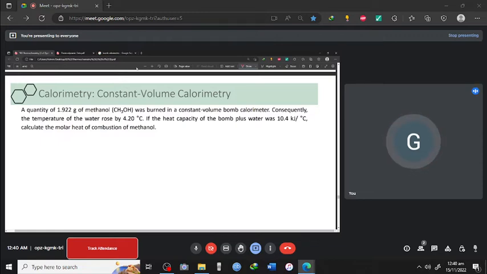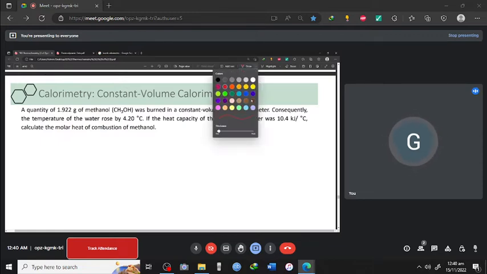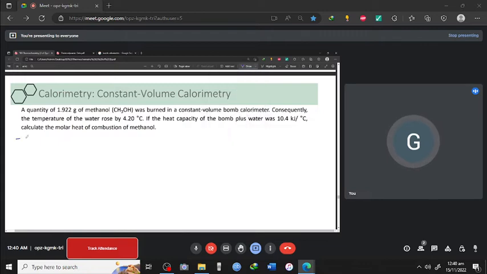Okay? So, if we're going to use the formula natin kanina na na-discuss, which is Q reaction is equal to Q of the calorimeter. Tapos, in simplifying this will just simply be Q of the reaction is equal to negative heat capacity multiplied by the change in temperature. Okay? Given naman yung heat capacity sa atin, which is 10.4 kilojoules per degrees Celsius.